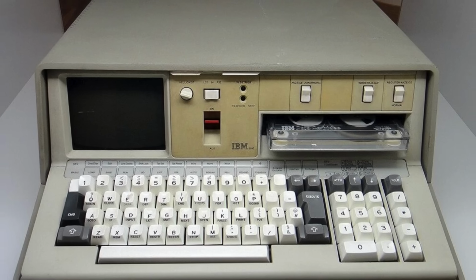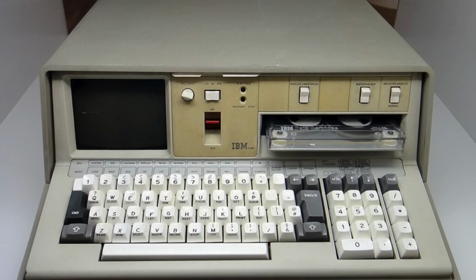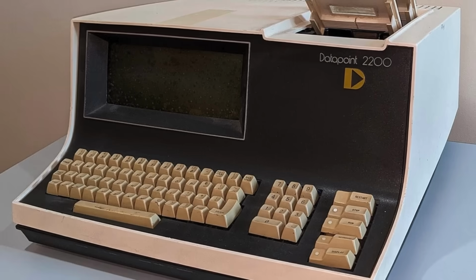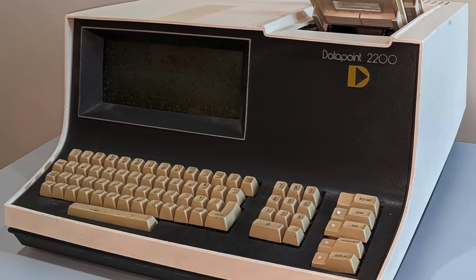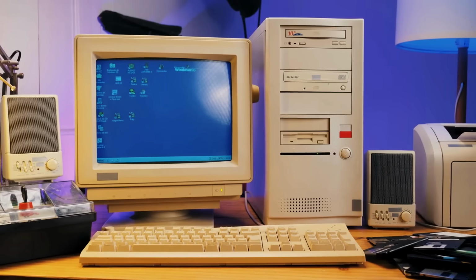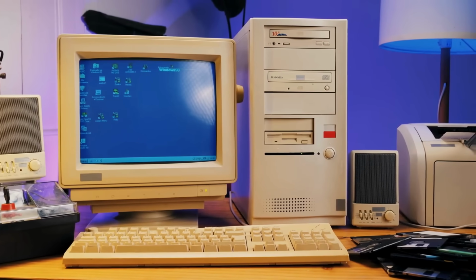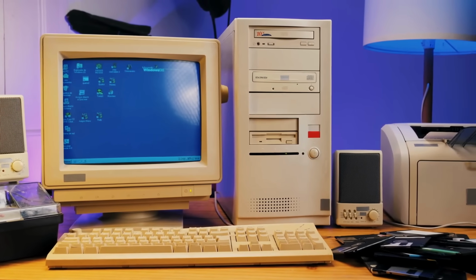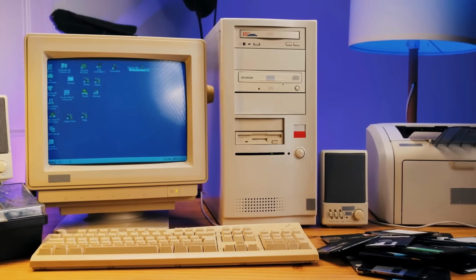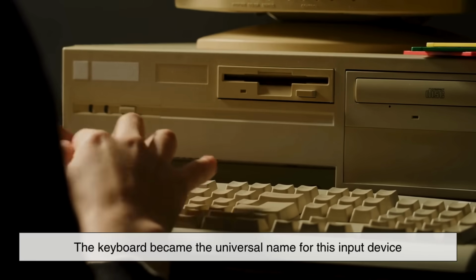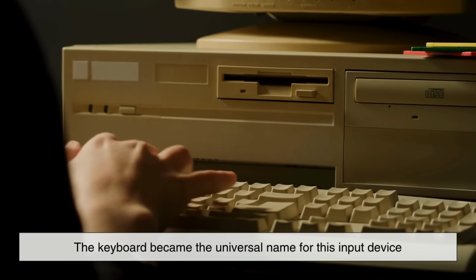Naturally, people referred to these as keyboards, since they looked and functioned just like the typing machines people were already familiar with. The terminology carried over seamlessly, and as computers became more common in homes, offices, and schools, the keyboard became the universal name for this input device.